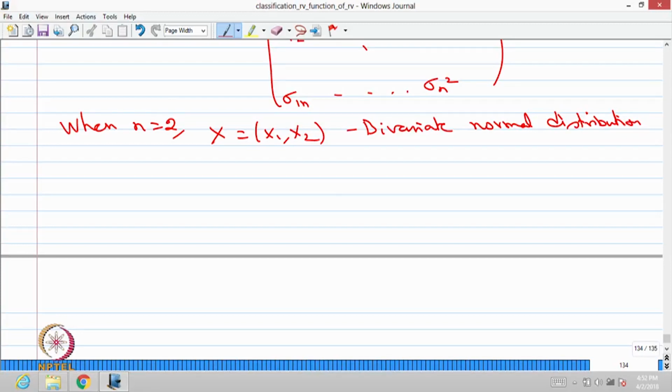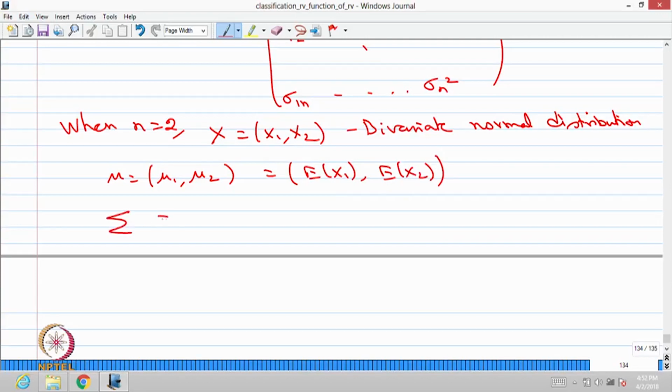In that case, mu is going to be (mu 1, mu 2), where mu 1 is the expectation of X1 and mu 2 is the expectation of X2.